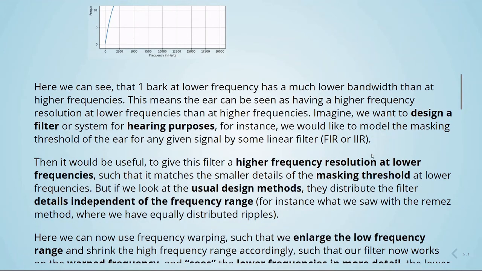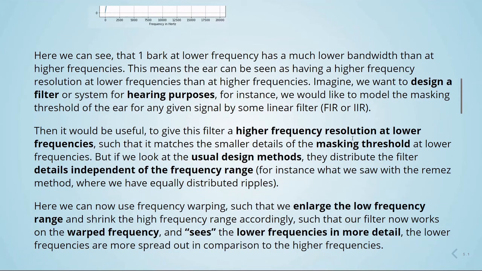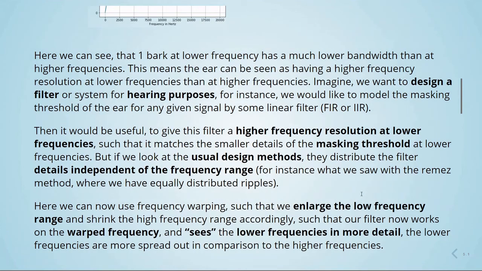The thing is that the usual design methods distribute the filter details independent of the frequency range, as we saw with the Remez method, where we have equally distributed ripples. Here we can now use frequency warping such that we enlarge the lower frequency range and shrink the high frequency range accordingly, such that our filter now works on the warped frequency and sees the lower frequencies in more detail. The lower frequencies are more spread out in comparison to the higher frequencies.